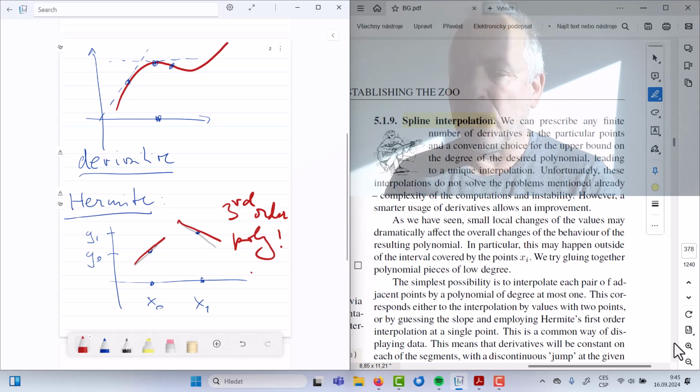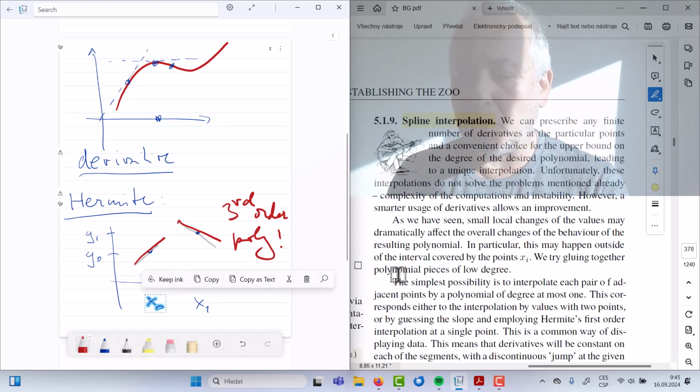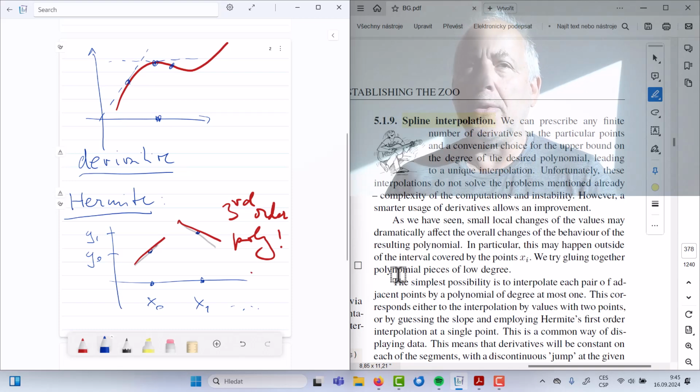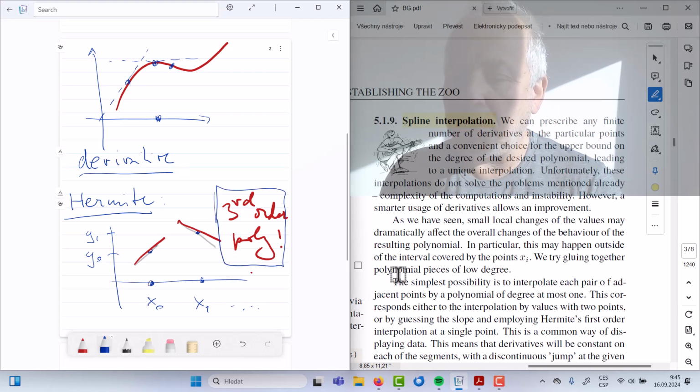So if I have many of the points, say x0, x1, and so on, there will be more coming. Then what I can wish is that I would seek for third order polynomials, as here, for the individual intervals. But instead of requesting explicit values of the derivatives of the border, which would be then shared for the neighbor, I just wish that two derivatives, two, not only one, are shared.